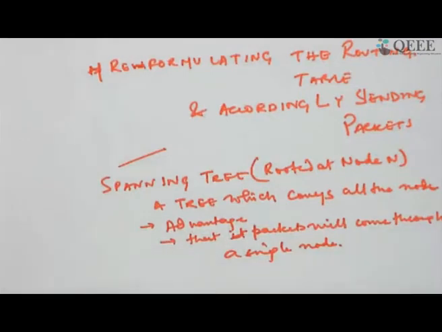All nodes in the network can be reached from that node n through one unique path. Or in other words, all nodes will receive a packet from a unique node, a unique predecessor.